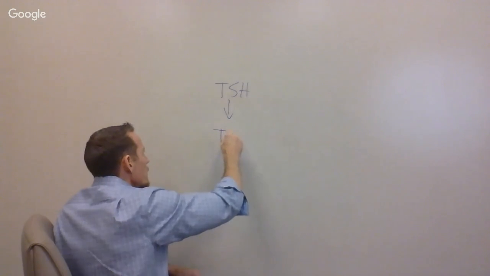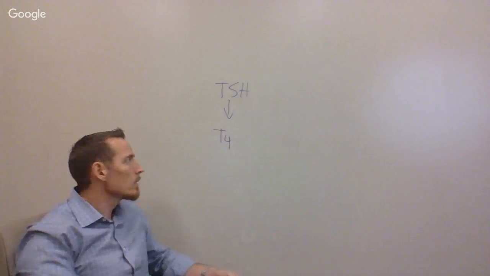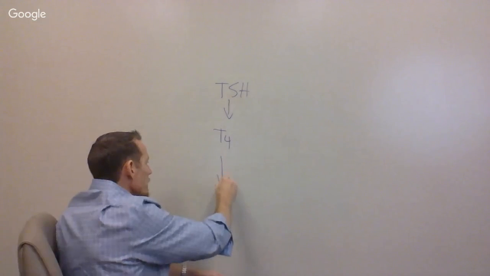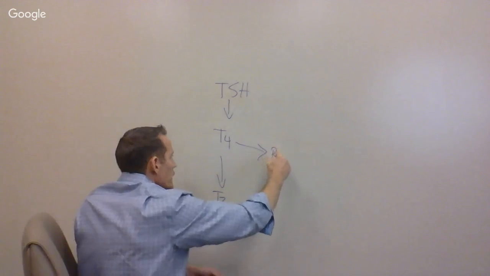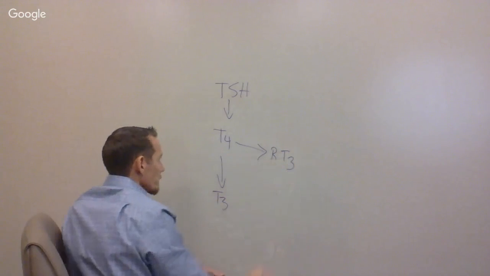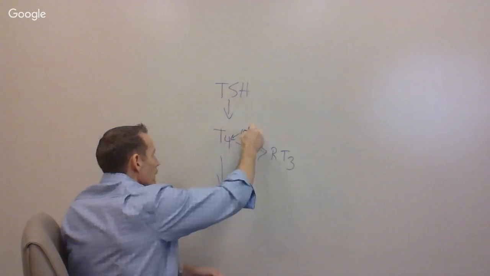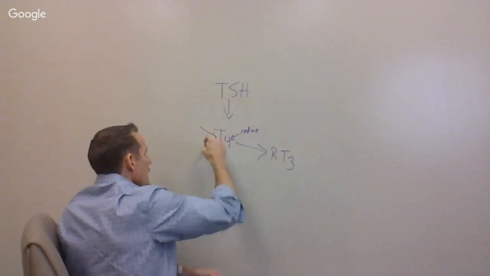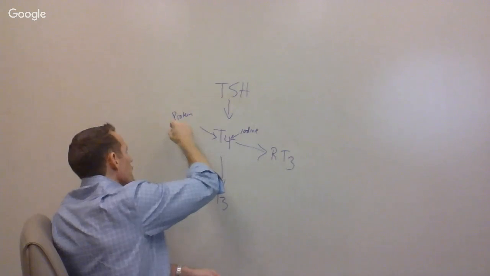But TSH stimulates the production of T4. T4 is produced by our thyroid glands. And then T4 has to be converted into T3. T4 can also be converted into something called reverse T3. The 4 in the T4 represents iodine. The T in the T4 represents protein, particularly the amino acid tyrosine.